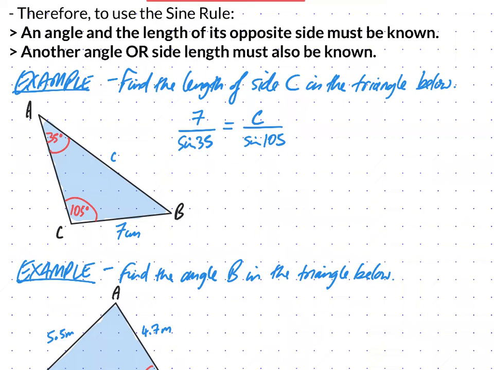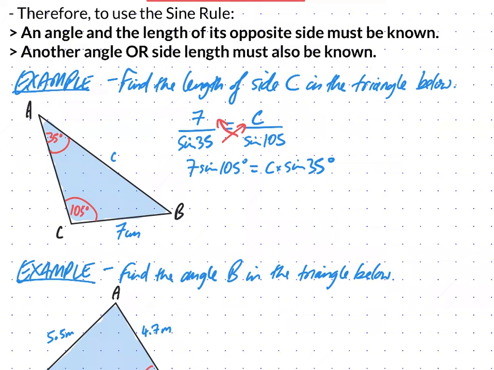Okay, now we can cross multiply. So I'll illustrate that with little arrows. Your next line of working is going to be 7 sine 105 degrees is equal to c times sine of 35 degrees.